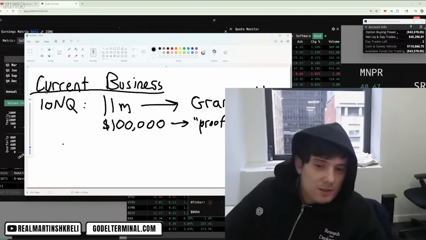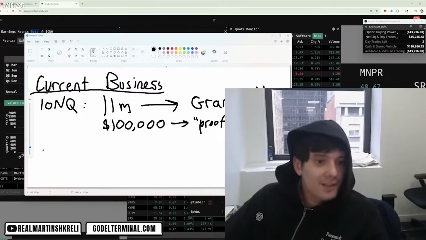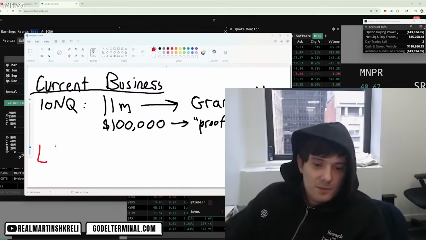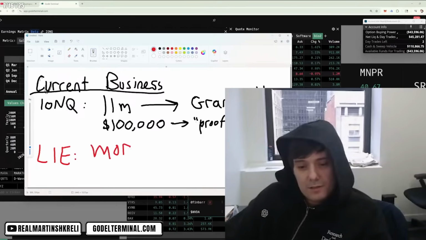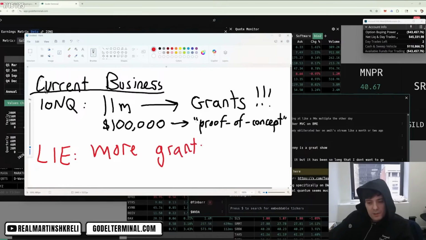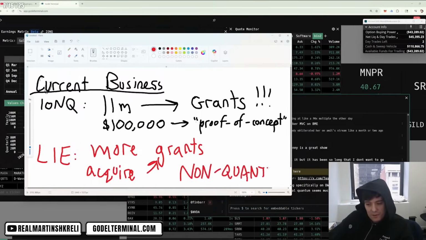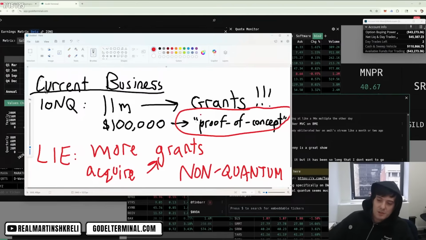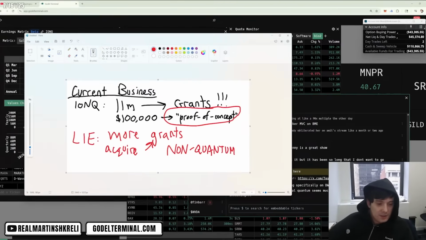What IonQ has done, so each company has a different way of lying, is they've gotten more grants and they've acquired companies that either have more grants or non-quantum businesses to make it look like their revenue is growing. But if you ask anybody if they're buying more quantum computers or using their cloud more, it's not the case.